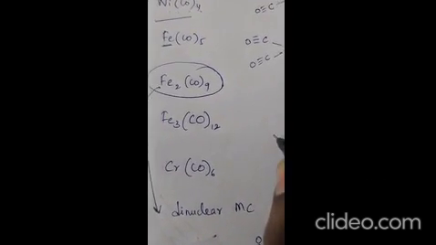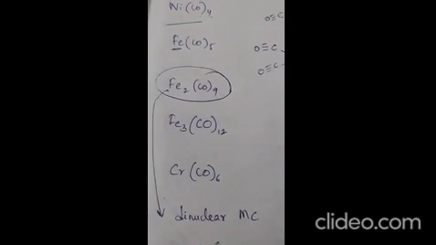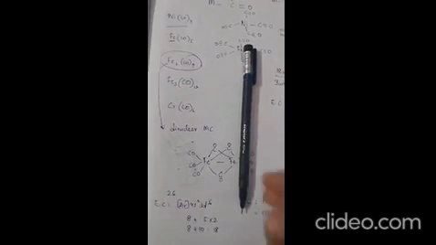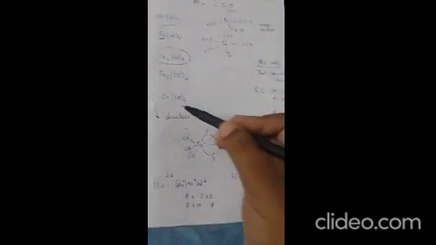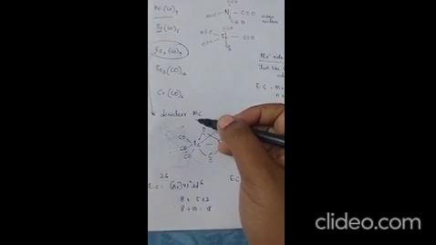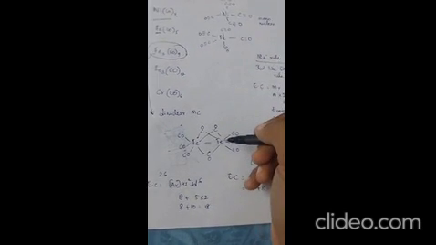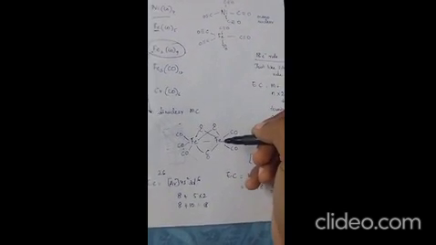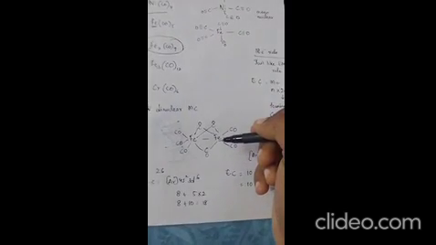So we have a dinuclear metal carbonyl here. Let us see how many metal bonds are there, how many terminal carbonyl molecules are there, and how many bridging are there.